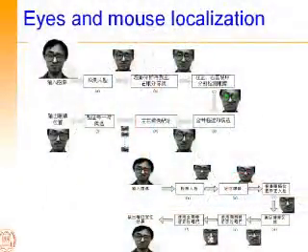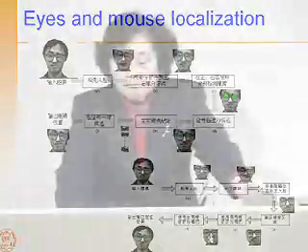After that, for face recognition, there is iris and eye localization, because the eye location is used to normalize the whole face image. So there is eye localization and mouth localization.